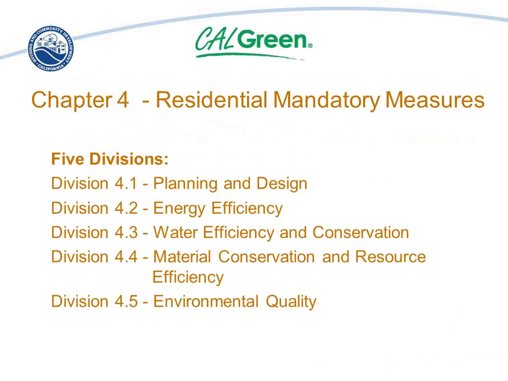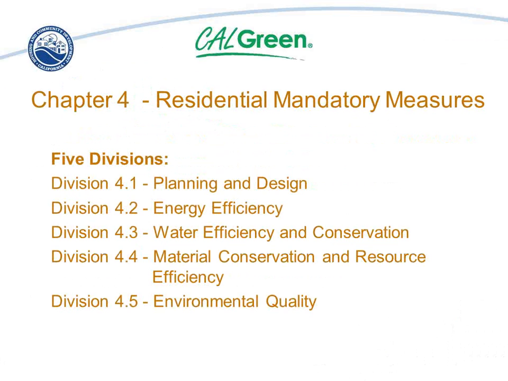The CALGreen code is broken out similarly to other green building standards or green codes. There's a division for planning and design, and then a second division for energy efficiency. The energy efficiency portion for residential structures is actually adopted by the Energy Commission.